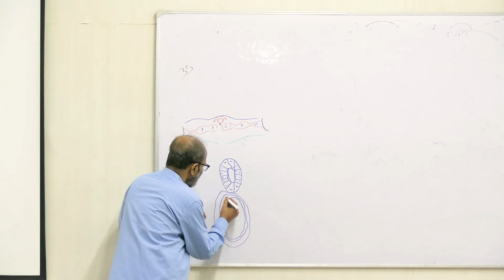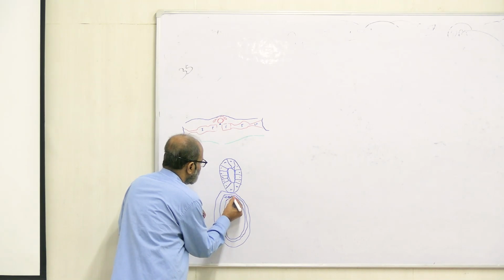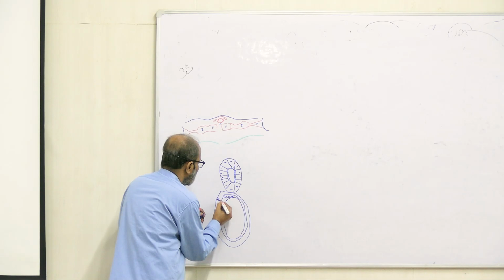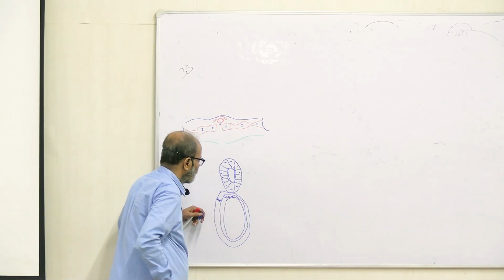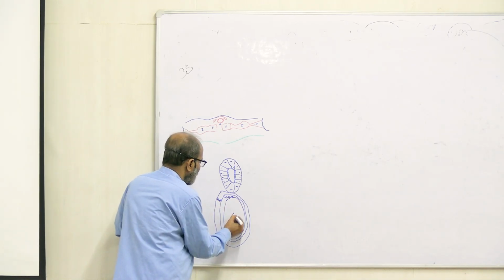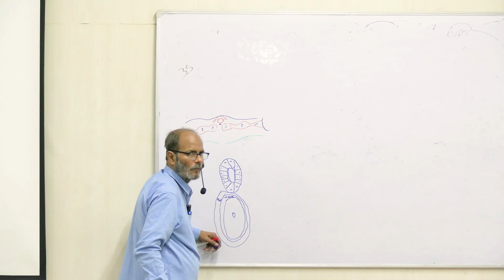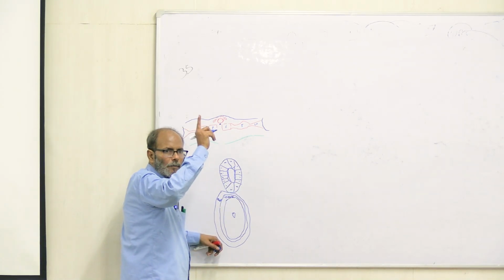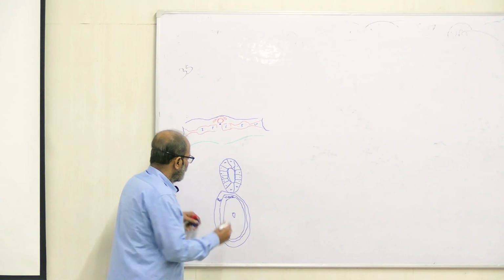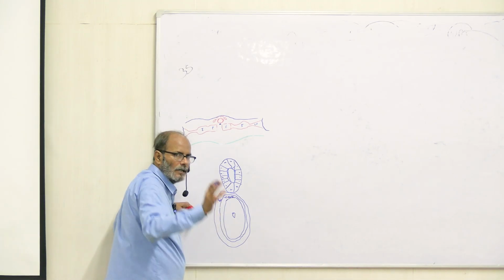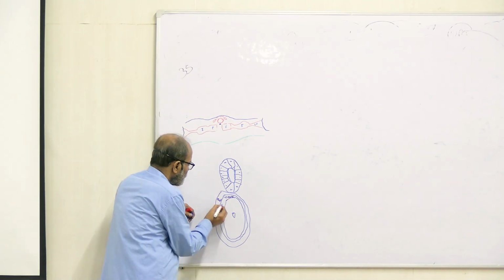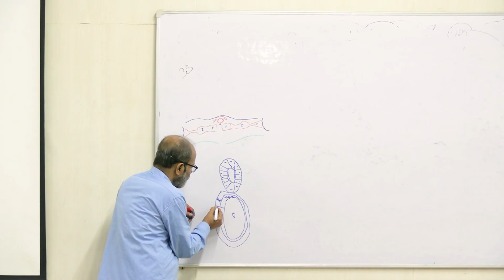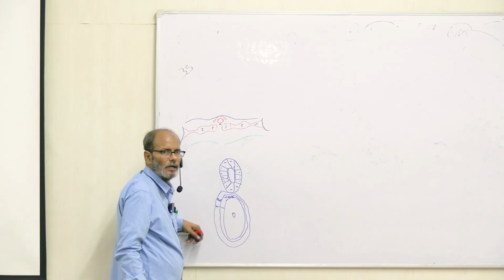This is the mantle layer. This is the marginal layer. And this is the ependymal layer. Now, as I have told, in the cerebral cortex and in the cerebellum, the mantle layer gives rise to the grey matter, and this migrates to the marginal layer.